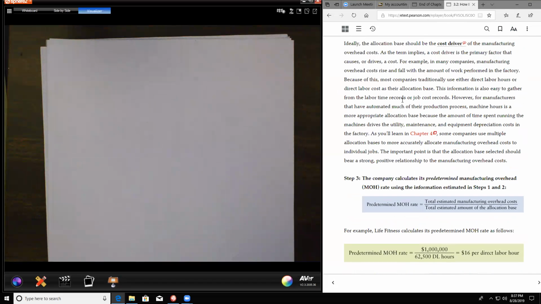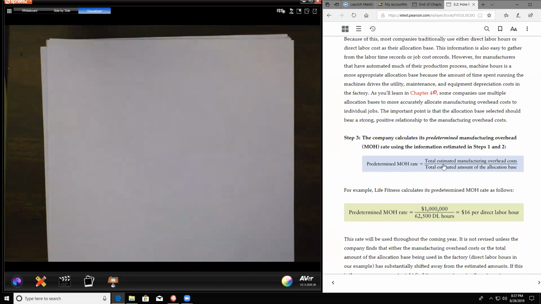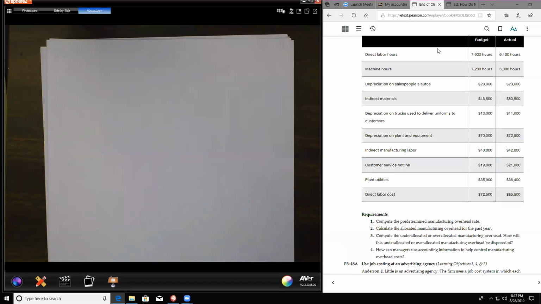You need to find the estimated manufacturing overhead, and you need to find out the cost driver. And then we use the estimated manufacturing overhead divided by the estimated amount of the allocation base. So it's always the estimation when we determine the predetermined rate.